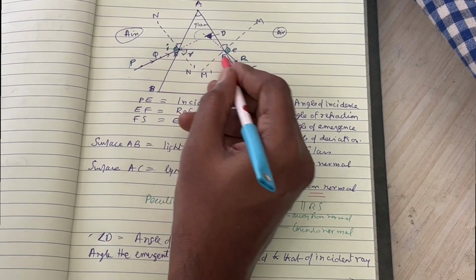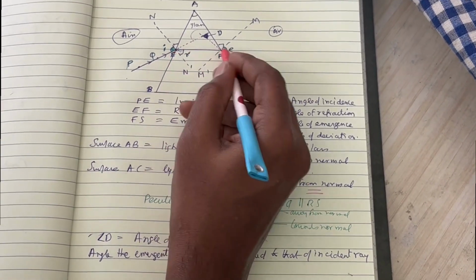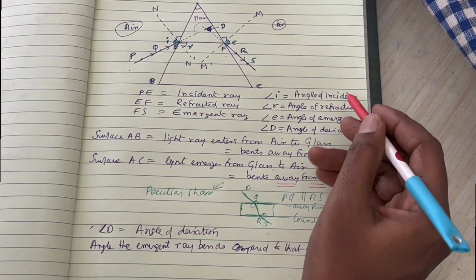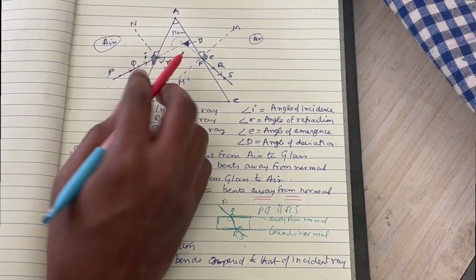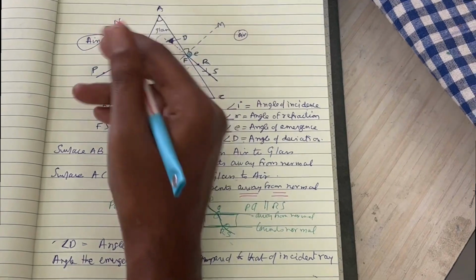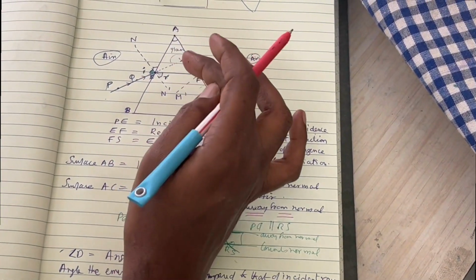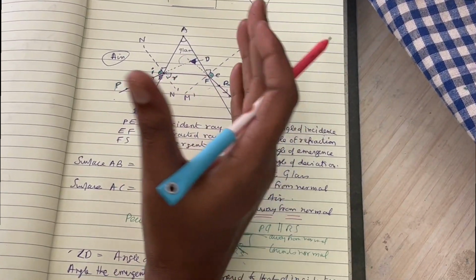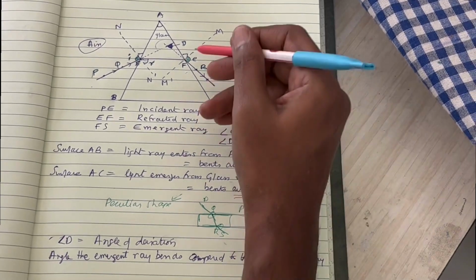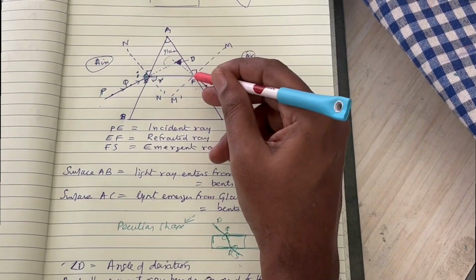You can see that EF is the refracted ray going through the glass prism, and of course i is the angle of incidence and r is the angle of refraction. On the other side, when the refracted ray re-emerges into the air, you have the angle e, which is the angle of emergence, and the emergent ray, that is FS.